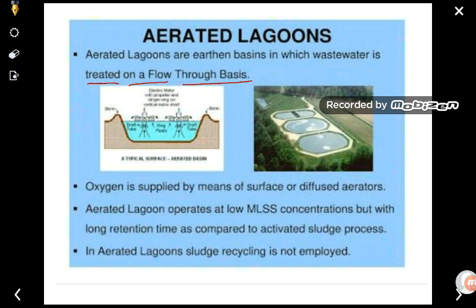Oxygen is supplied by means of surface aeration or diffused air. When I say aerated, it means air is supplied, and this air is supplied by means of diffused air.